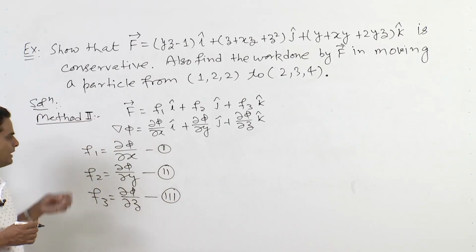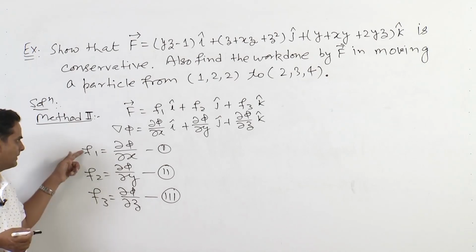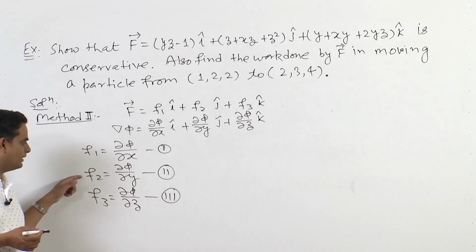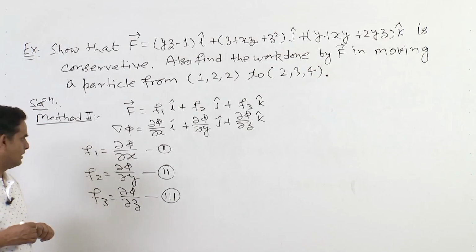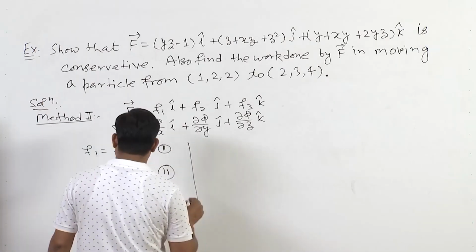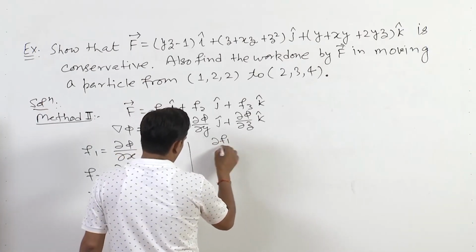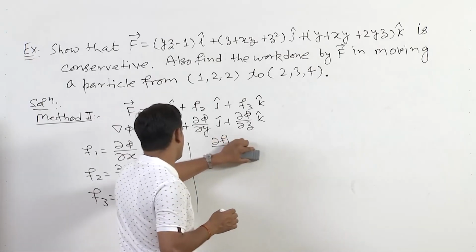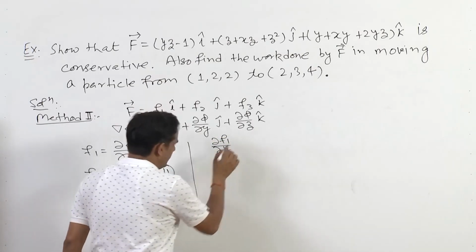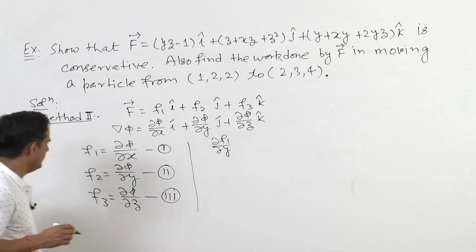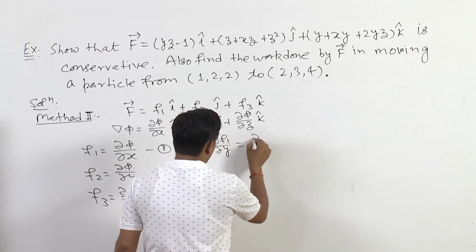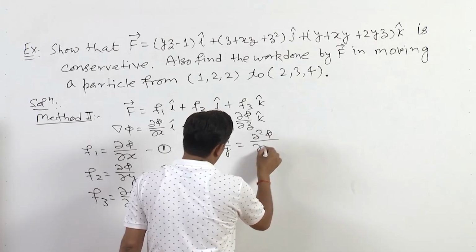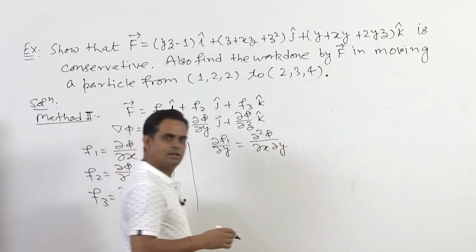Let us differentiate partially relation 1 with respect to y and relation 2 with respect to x. So, what I will get in this case, del f1 over del y, I am doing first with respect to y, this equals del 2 phi over del x del y.